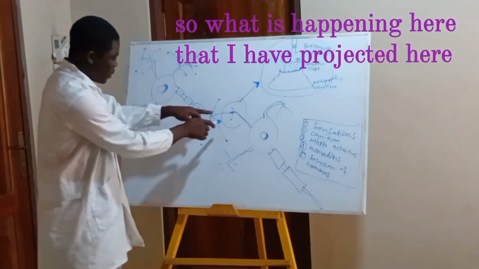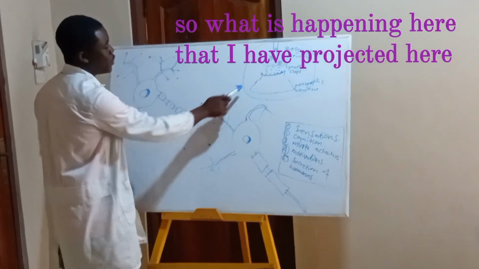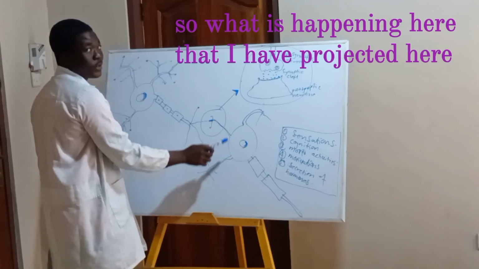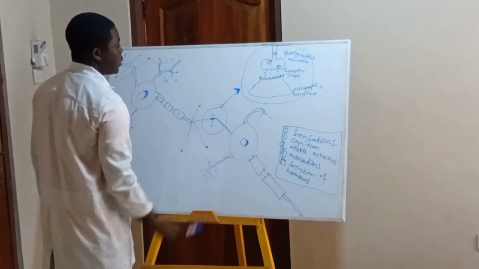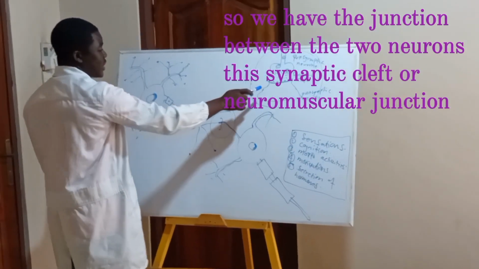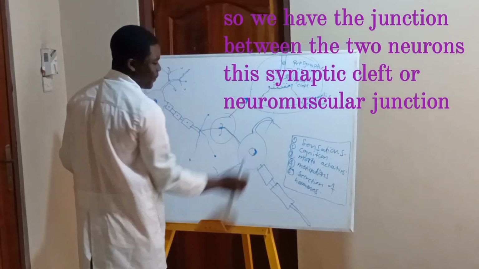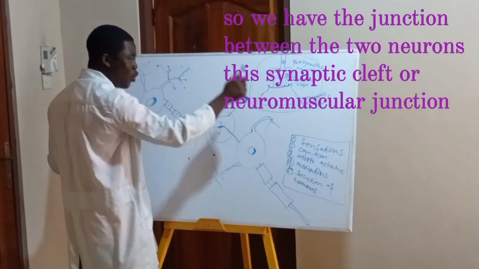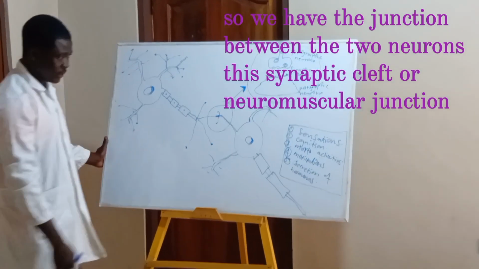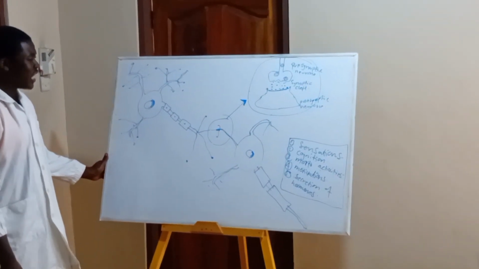So what is happening here? The junction between the two neurons is the synaptic cleft, or neuromuscular junction.